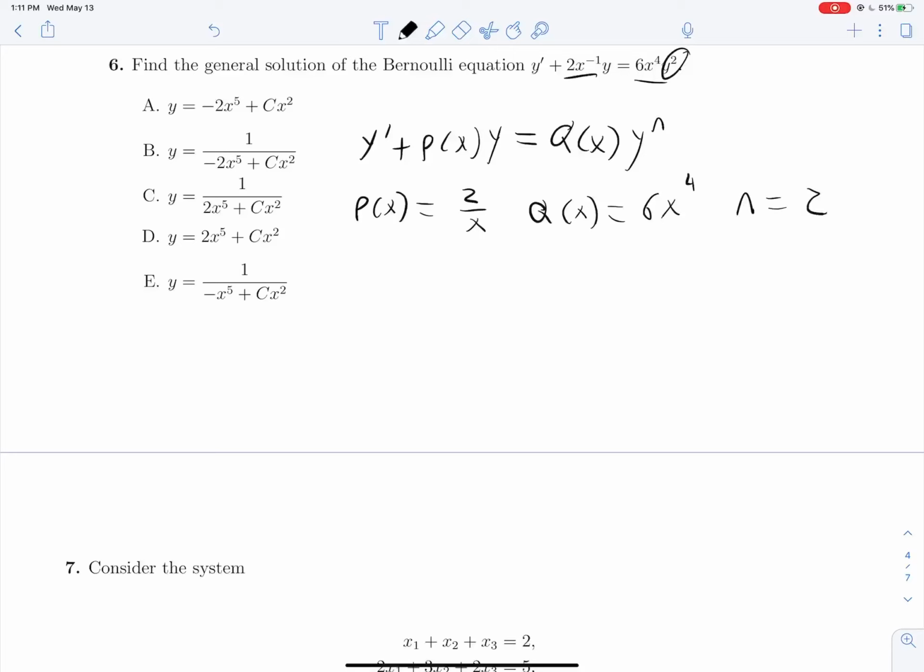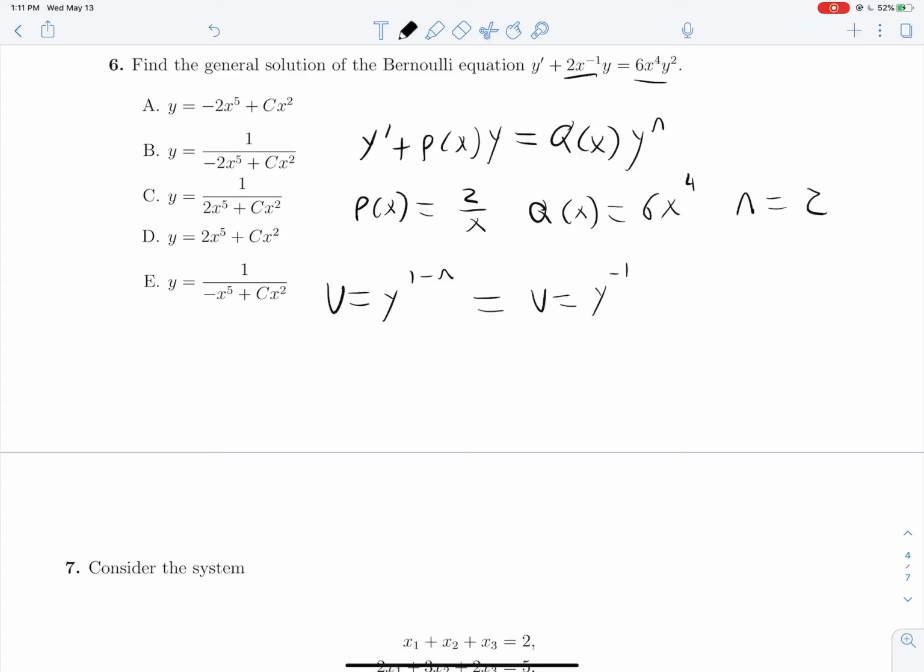We have y to the 2nd power right there. So then we will apply this substitution: v is equal to y to the 1 minus n power. So in our case, that's v equals y to the 1 minus 2, so that's y to the negative 1.